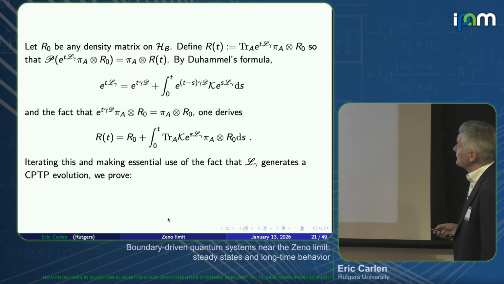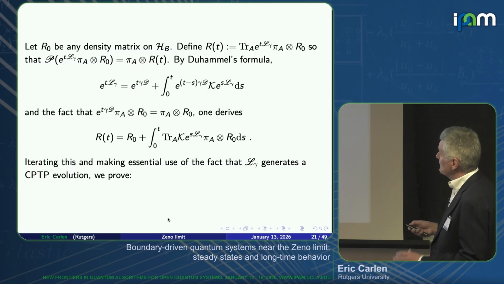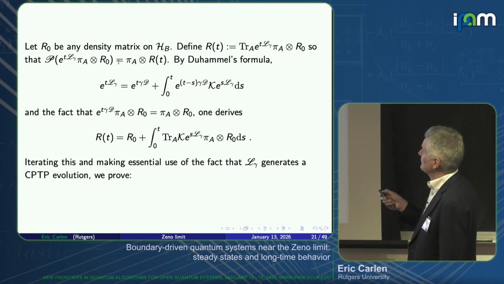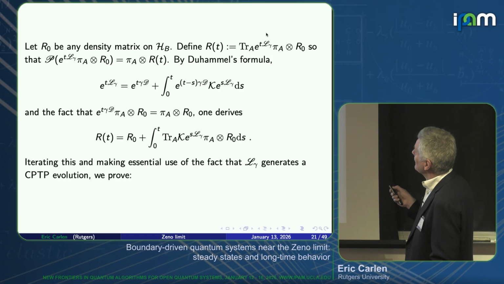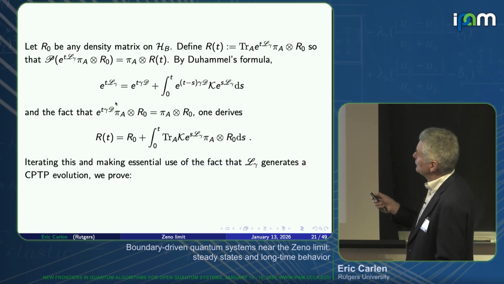And so let's just say a little bit about where this thing comes from. If you take any density matrix on HB, okay, then you let R of t be the thing you get by tensoring on pi of A, so you're up in the full space, then evolving that forward. And then we use Duhamel's formula to relate these things, and the fact that if you apply e to the t gamma D, this is in the null space of D, so that doesn't do anything, right?